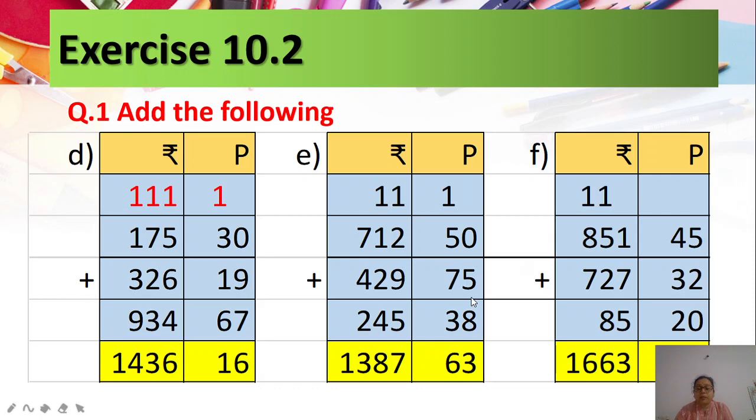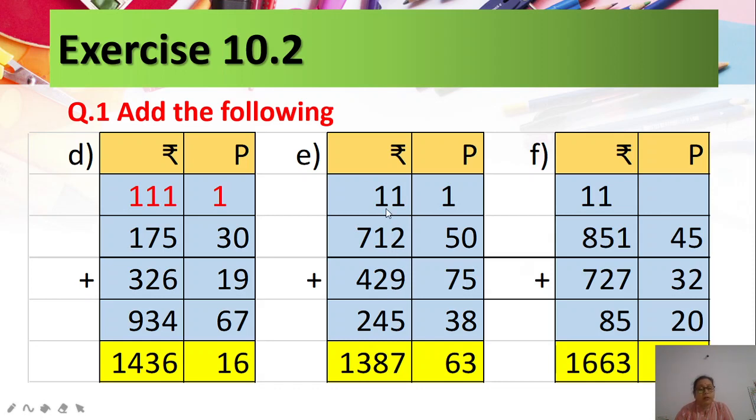It is 8 plus 5 is 13. So our 1 is carryover. Then 7 plus 3 is 10. 10 plus 5 is 15. And 15 plus 1, we got answer 16. We can't write 16 here. Our 1 will be the carryover. Now here 9 plus 1 is 10. 10 plus 5 is 15, plus 2 is 17.